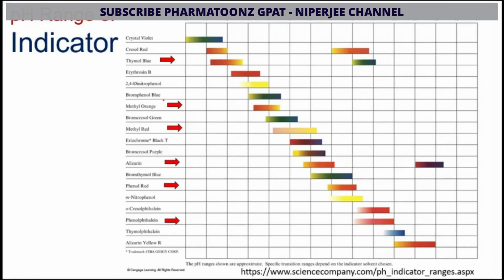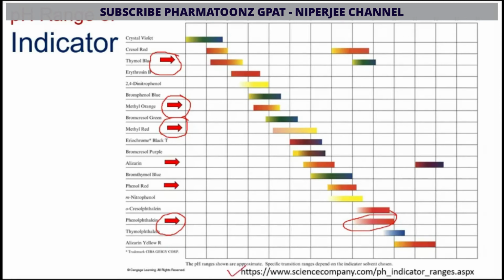Now, sometimes exam questions ask for the range of pH. Whatever I have shown by arrow is more important, and many times it is asked in examinations. The pH range in the case of phenolphthalein is on the basic side. There are two pH ranges, in acidic as well as in basic solutions.